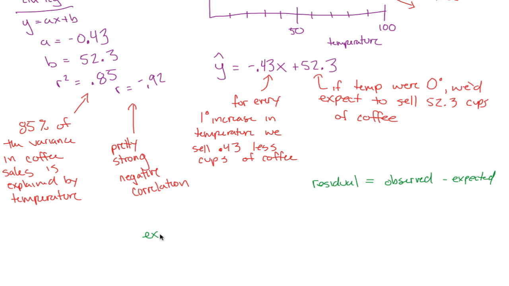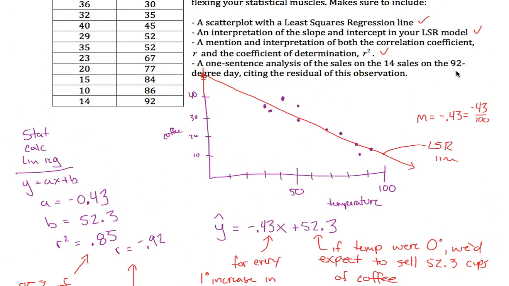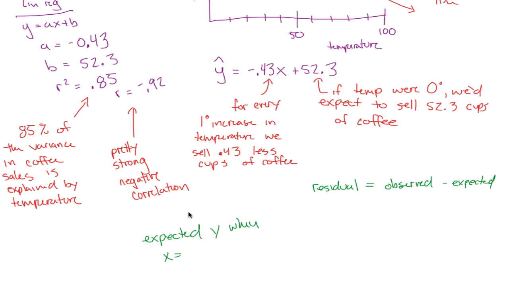We can figure out expected by using our least squared regression line. So expected y when x is equal to, what was it in this observation? 92 degrees.